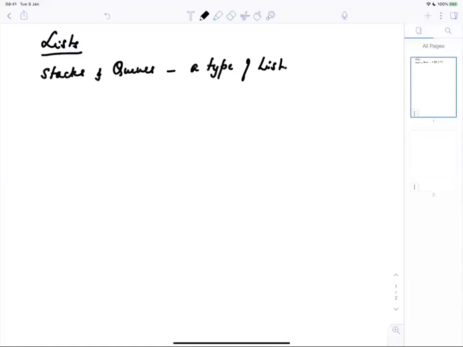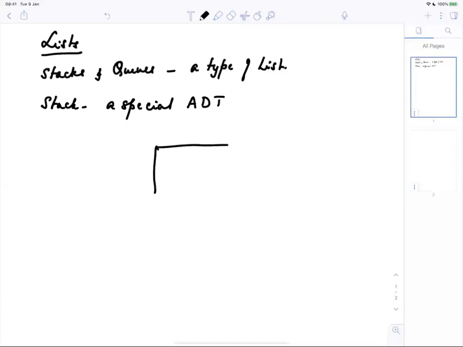Okay. What is the stack? We call this a special ADT, another abstract data type. And what are the operations that you can do? If I take this as a stack, I can push elements onto the stack, and I can pop elements off the stack.